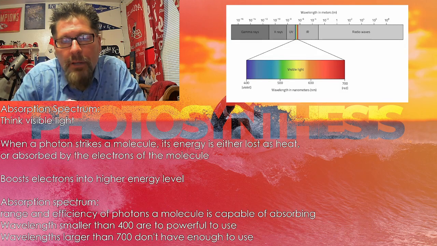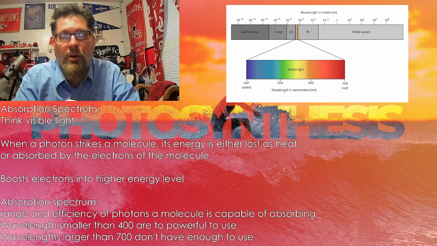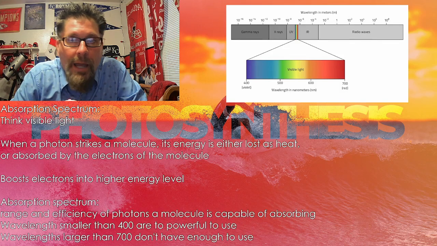So when we're thinking about that absorption spectrum, we want to think about the reason why UV or X-ray or gamma rays are not used or not absorbed, because they're just too strong, too powerful. A UV that we can absorb, our skin does absorb that.